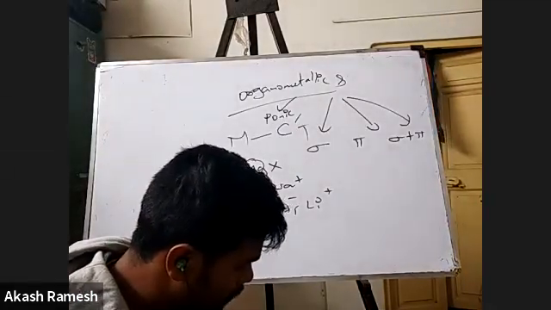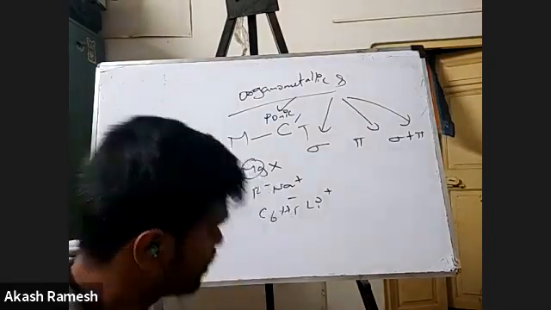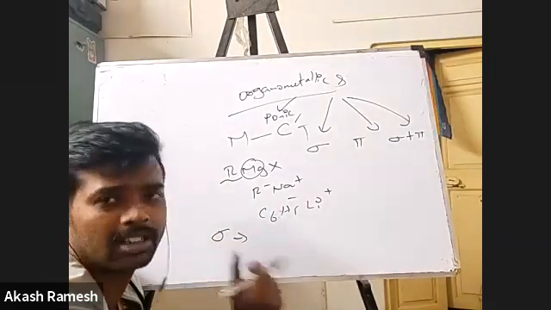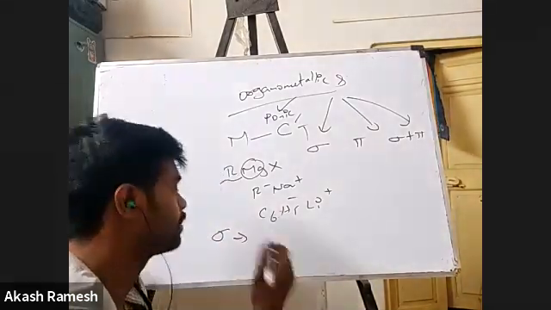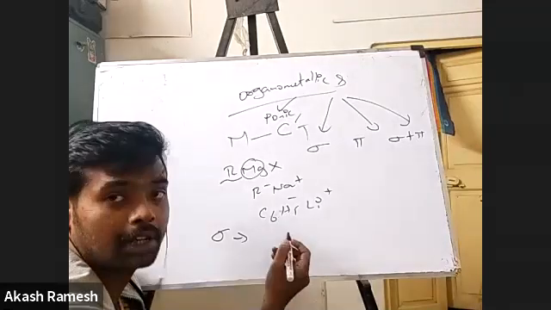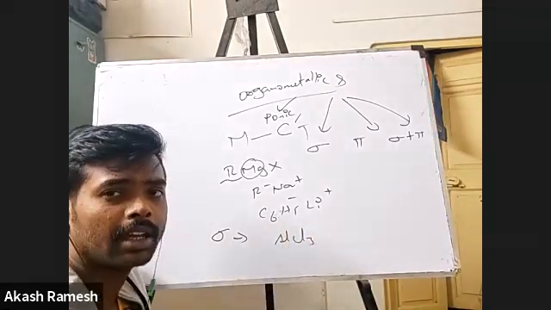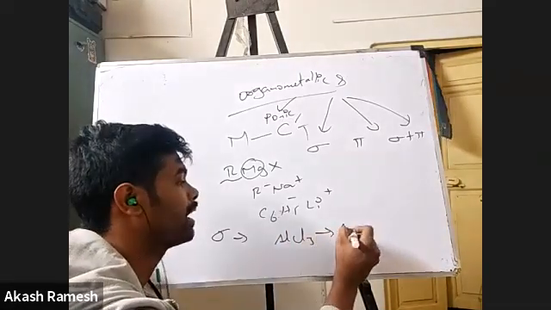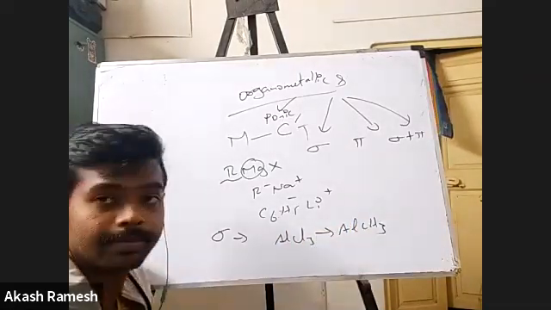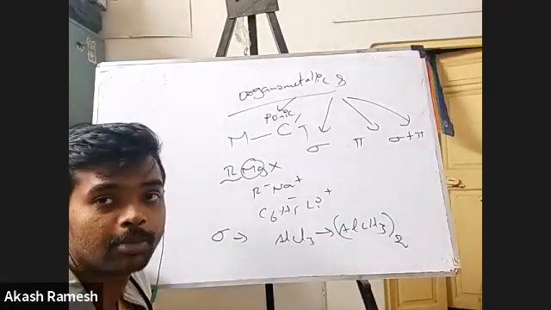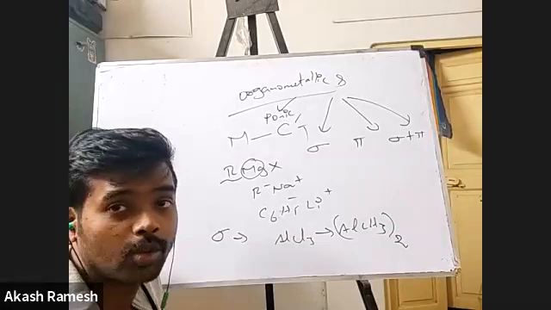If I go for sigma bonded complexes, the example can be only sigma bonds. I don't know whether you have seen this. Say, if I take AlCl3, it can be converted to Al(CH3)3, and obviously it is going to exist as a dimer, because aluminum can act as a Lewis acid.